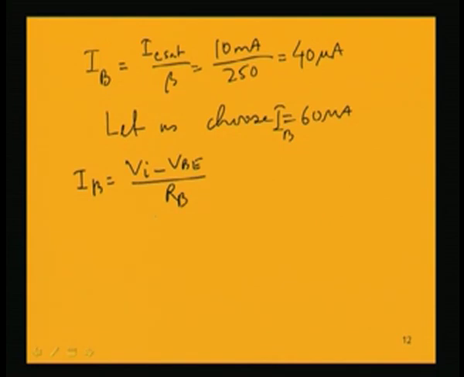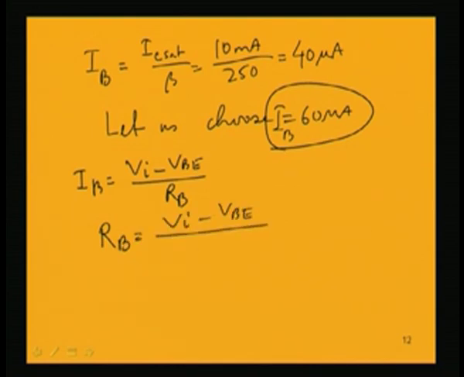Now, we do not know RB, we have to design it for IB equal to 60 microampere. So, RB is equal to VI minus VBE divided by IB, and VI is 10 volt when saturation will occur.